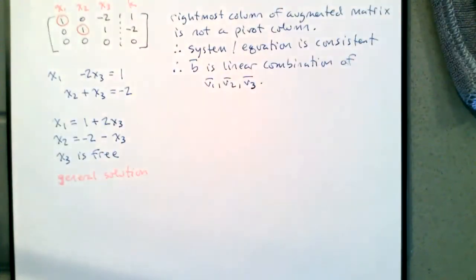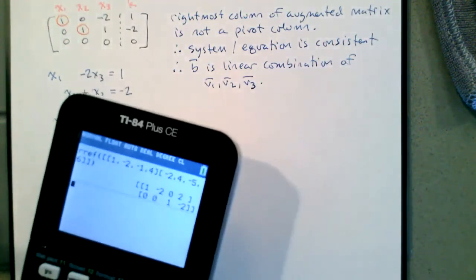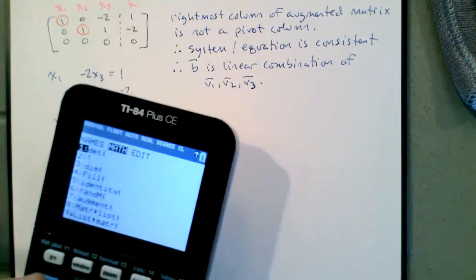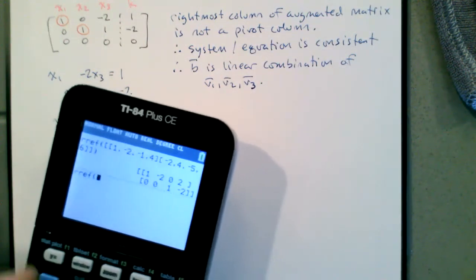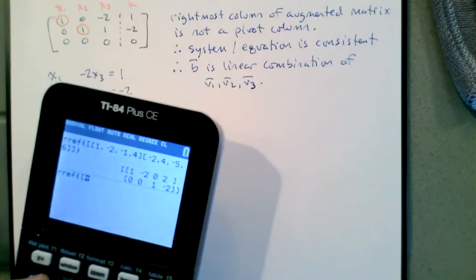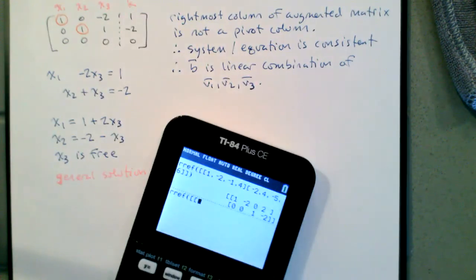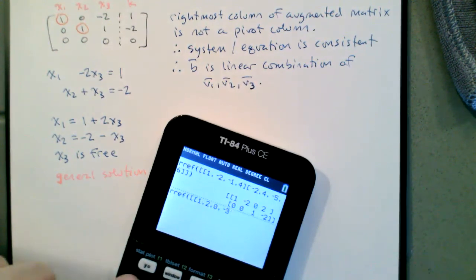In an actual problem, we would just grab our calculator, go to second matrix, go over to math and go to it's B, and then brackets for the matrix, brackets for the first row, and then just punch in the matrix, 1, 2, 0, -3. Close the row, open the next row. -2, 0, 4, -2.